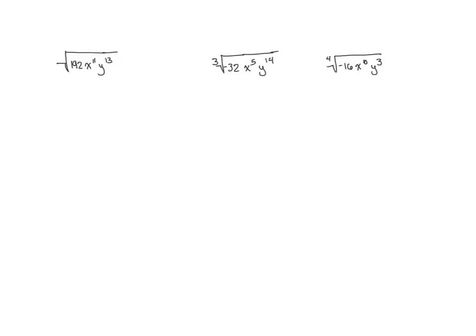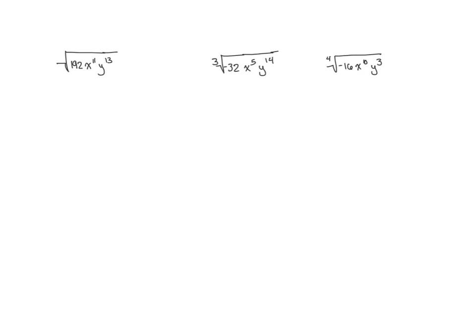So let's get started. Here are our example problems. Remember, when it comes to simplifying a radical, first we want to take our numbers and rewrite them in prime factorization. So basically it's primes with their exponents.